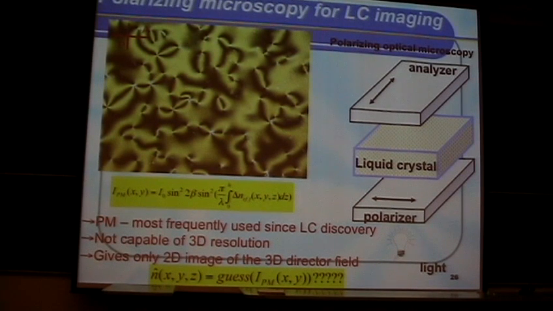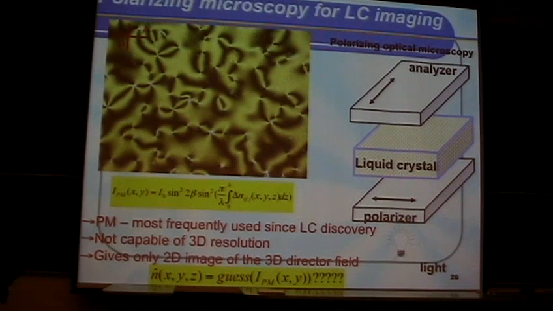In the imaging technique of polarizing microscopy, one usually sandwiches the liquid crystal sample in, for example, a liquid crystal cell, between the crossed analyzer and polarizer, and then the sample is observed using an optical microscope in transmission mode, for example, or in reflection mode, as depicted in here.